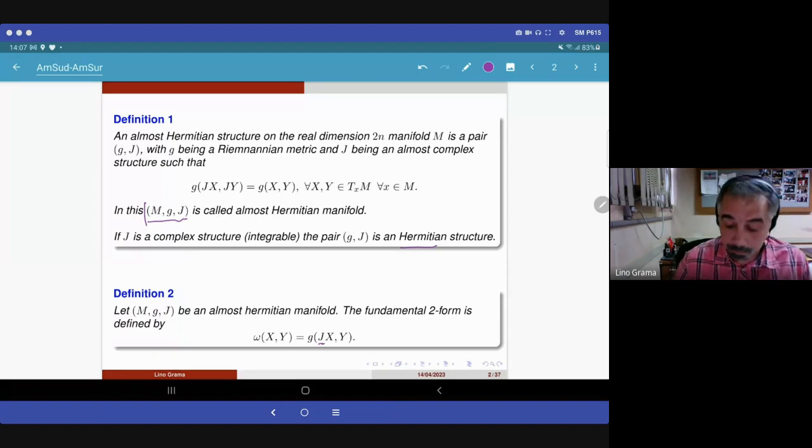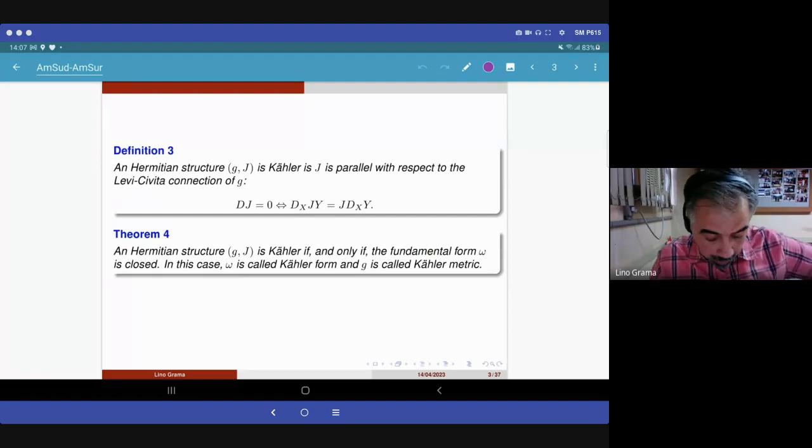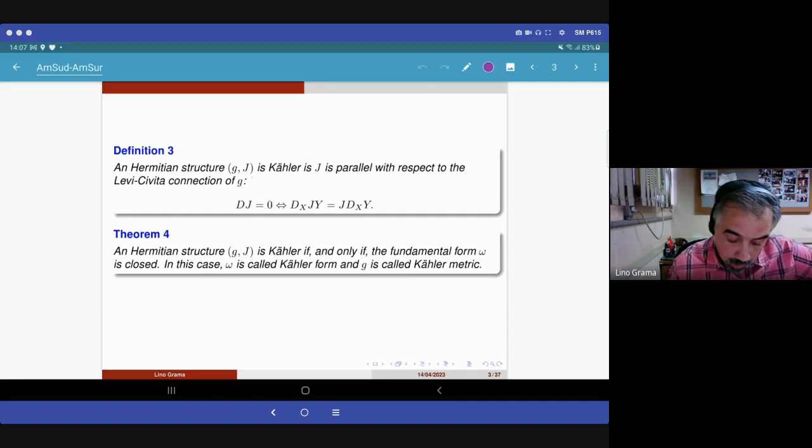An almost Hermitian structure is Kähler if J is parallel with respect to the Levi-Civita connection. I will denote the Levi-Civita connection of the Riemannian metric by D, and in this case parallel means DJ equals zero.